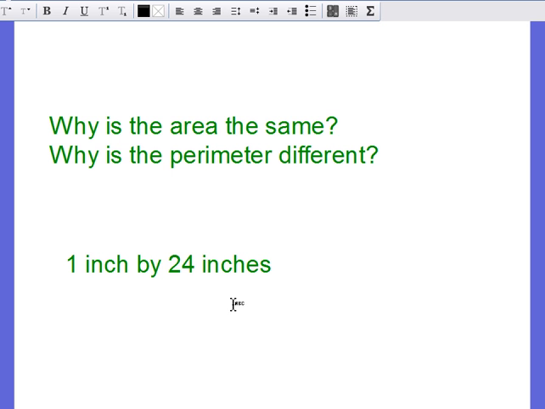Then I want you to figure out the perimeter of this, figure out the area of this, and then rearrange it so you have 2 inches by 12 inches, which is just rearranging, where I doubled and halved, and see if the same thing happened.